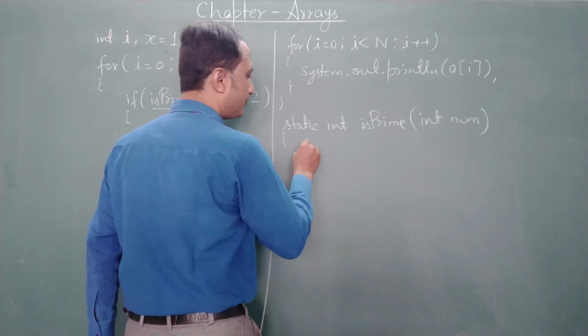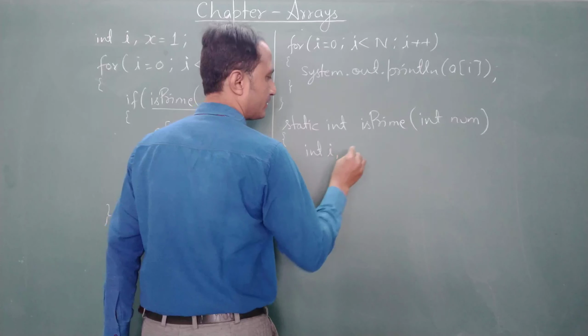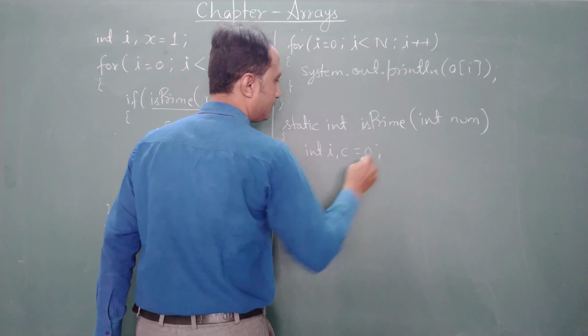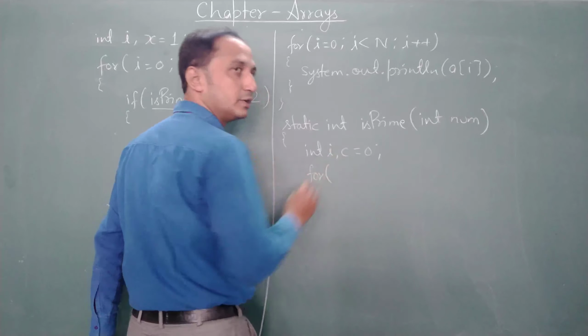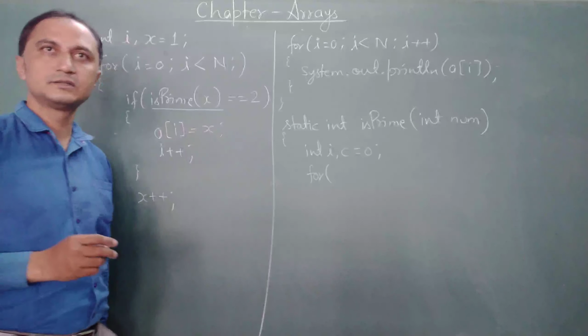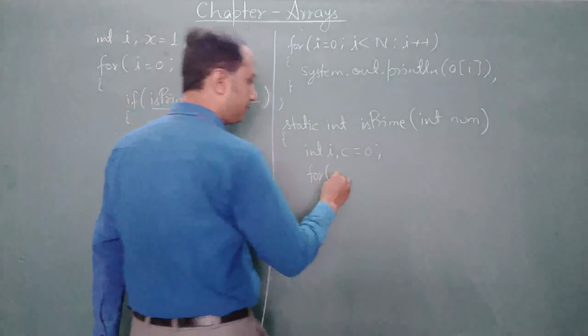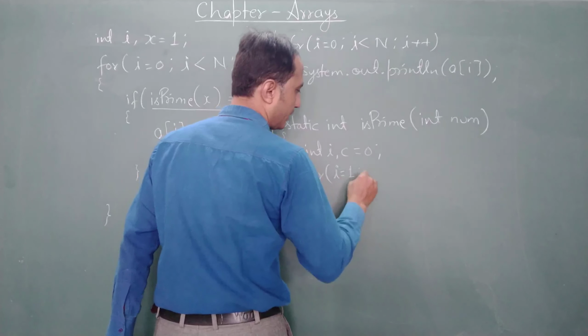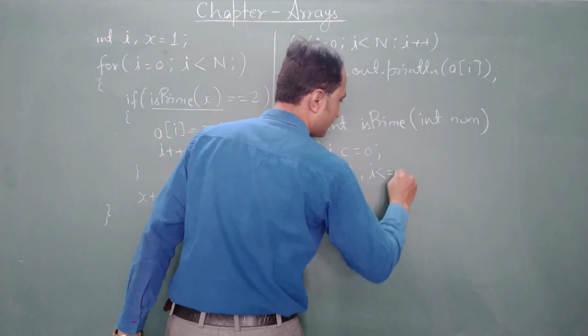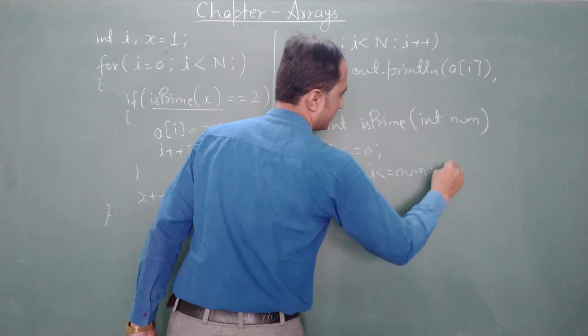Now we will give the logic of the prime number. Counter equals 0. Just give the loop to count the number of factors. The factor i will start from 1 and it will continue till less than or equal to the number.